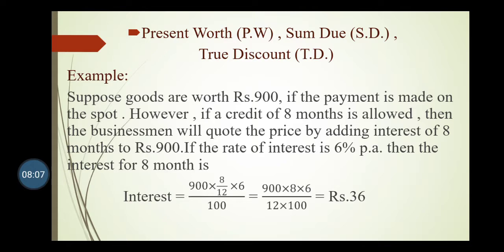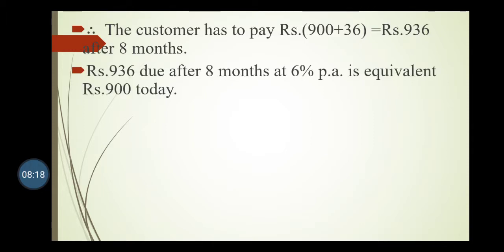Because I am paying this 900 after 8 months, means today the price of that goods is 900, but after 8 months the price will become rupees 936. The customer has to pay rupees 900 plus 36, which is equal to rupees 936 after 8 months.